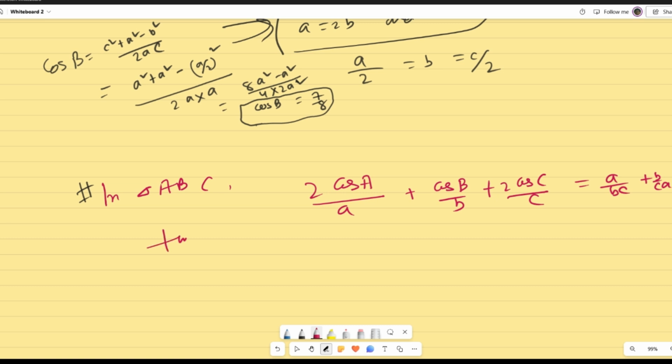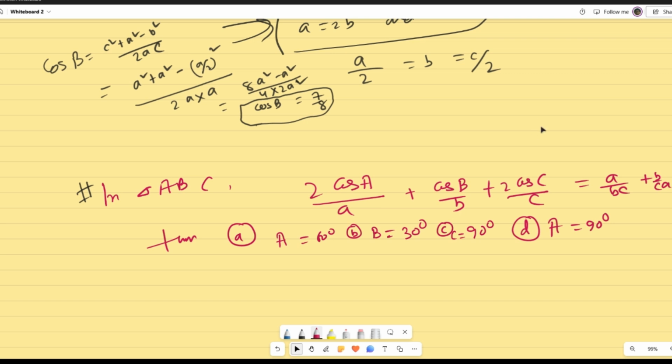Then the options given are: A, 60 degree; B, 30 degree; C, 90 degree; D, A is 90 degree. Which option is correct? That we have to find.